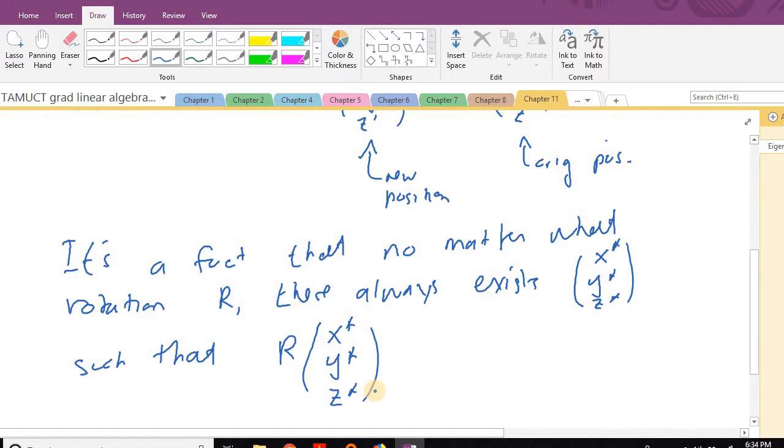It's the same point. So I can write that as R times x star, y star, z star is equal to x star, y star, z star.